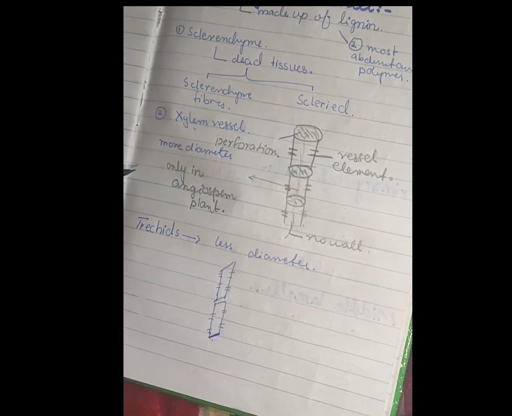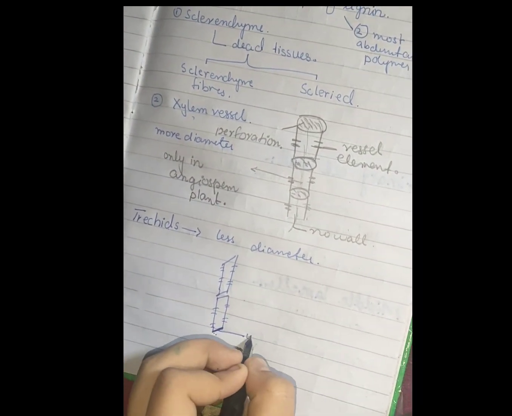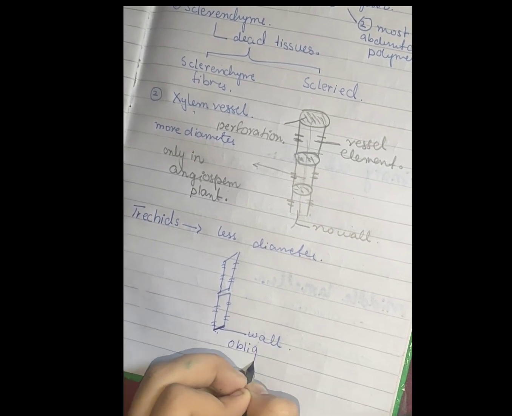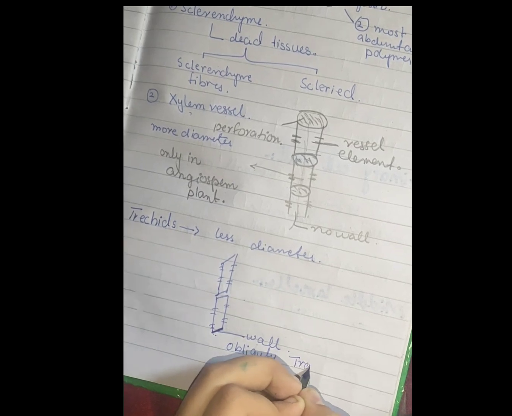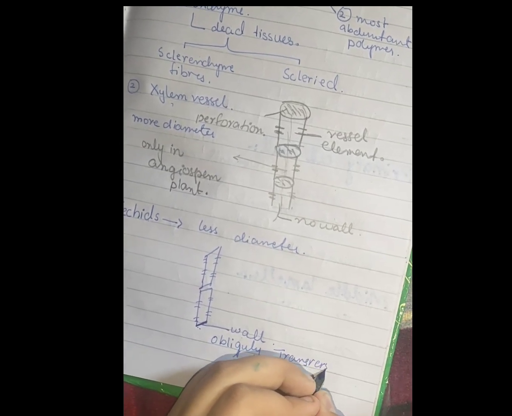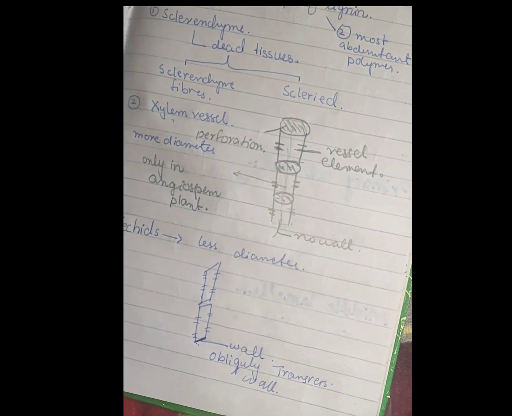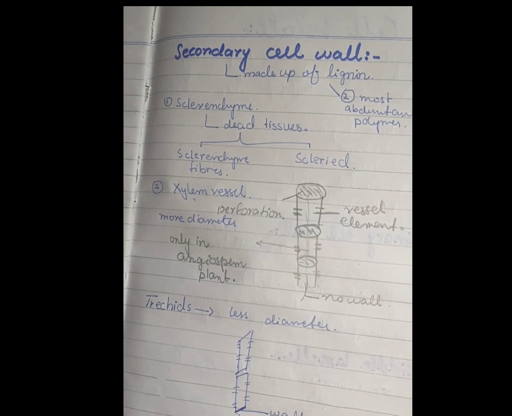However, xylem vessels have more diameter. Tracheids have a wall, which is basically oblique, meaning slanted, an oblique transverse wall. Okay, so hopefully you get something new from this video. Bye bye.